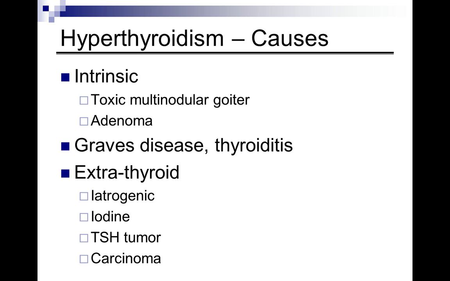There are many different causes for hyperthyroidism. Some of them are intrinsic to the gland itself, like a toxic multinodular goiter or a thyroid adenoma. People can also be hyperthyroid due to Graves' disease or thyroiditis, or may even have extrathyroid causes. So iatrogenic hyperthyroidism due to overdose of Synthroid, increased iodine uptake, TSH secreting tumors, or other carcinomas.